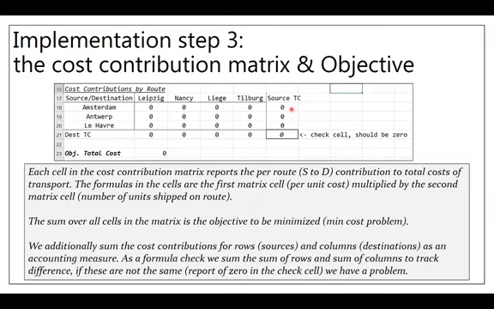You can do the same thing on the source constraints too, or here. So the source contribution: what's the total cost of shipments out of Amsterdam, and how big is that relative to the other sources, and how big is it as a share of total cost? And then I wrote in a little check cell here. I think it just subtracts this sum from this sum, and it says you better get the same thing when you add up across here to here.